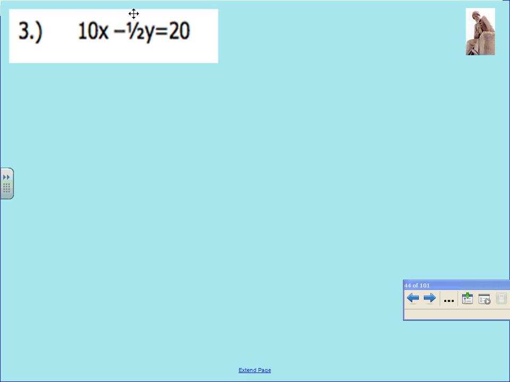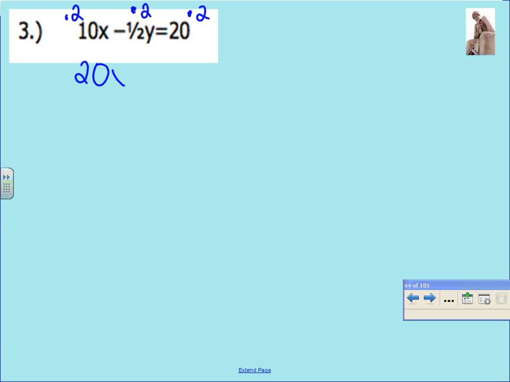Okay, to get rid of the fraction, Mrs. Warnock did this with you a little bit. We need to multiply the entire equation by the denominator. So to get rid of the fraction, we have to multiply every term by the denominator. The denominator is 2. So this is my little multiplication symbol, just so you don't get confused. If you multiply everything by 2, that will give us the correct standard form.